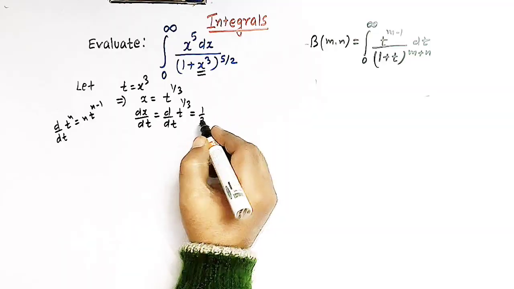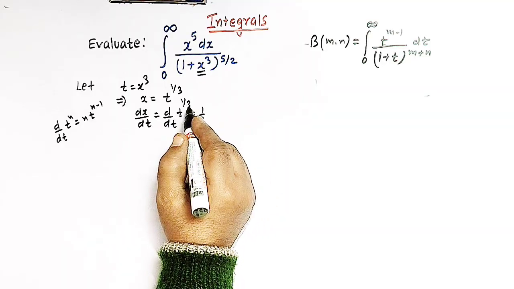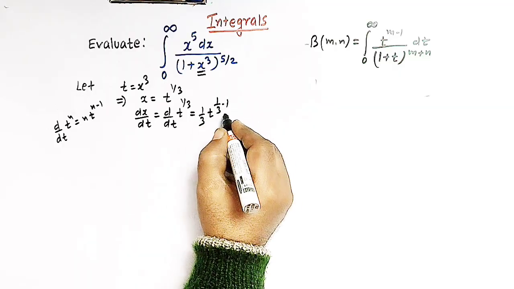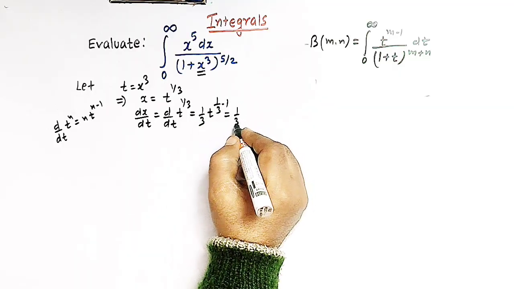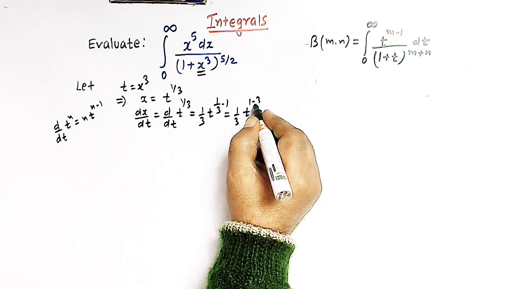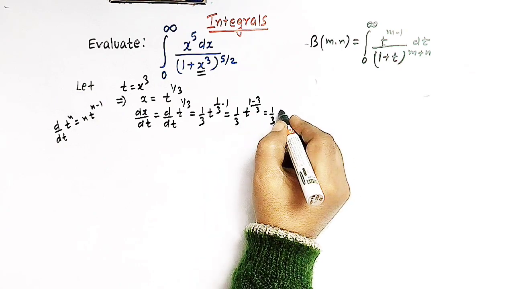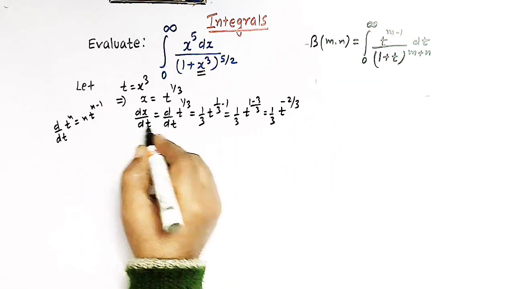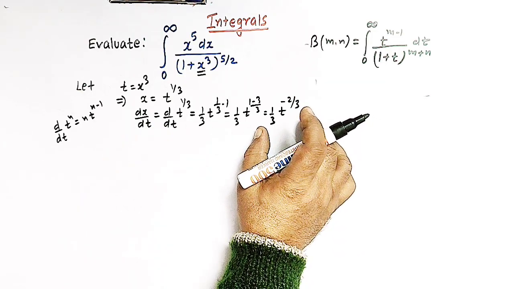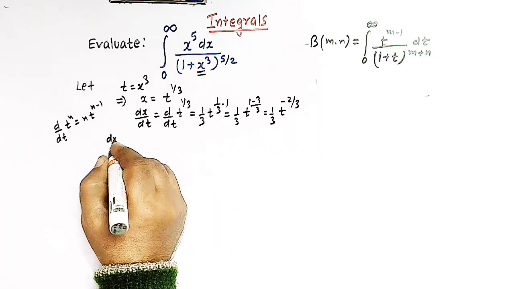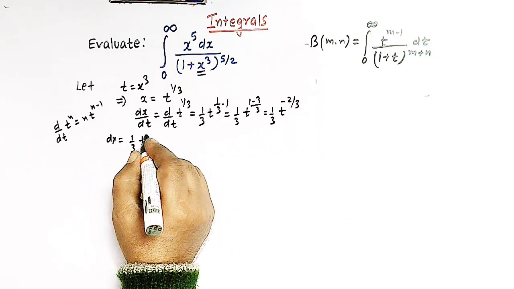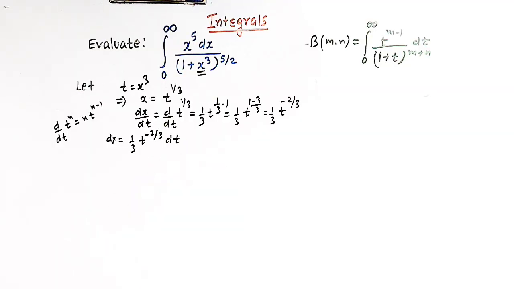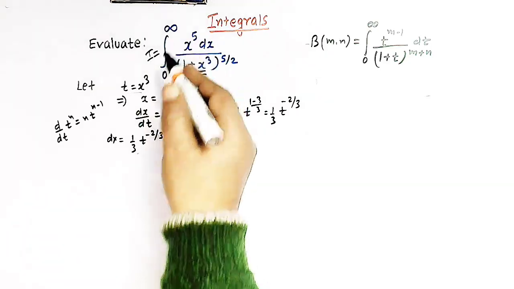So the derivative of t raised to 1 over 3 with respect to t is 1 over 3 t raised to 1 over 3 minus 1, which is 1 over 3 t raised to 1 minus 3 over 3, that is 1 over 3 t raised to minus 2 over 3. So now we can write dx is equal to 1 over 3 t raised to minus 2 over 3 dt.